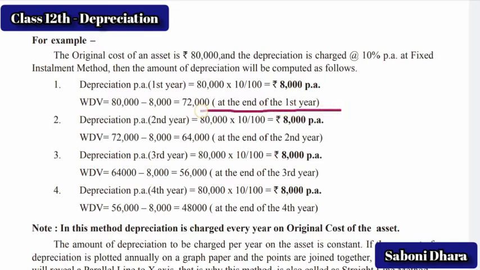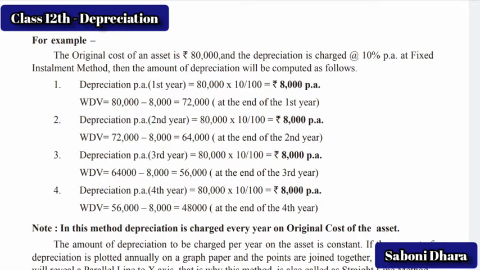At the end of the first year, 72,000. On the second year, 80,000 multiplied by 10%, you will get 8,000 as usual. And in the WDV, we need to deduct this amount from the balance, so 72,000 minus 8,000, we will get 64,000 on the second year.